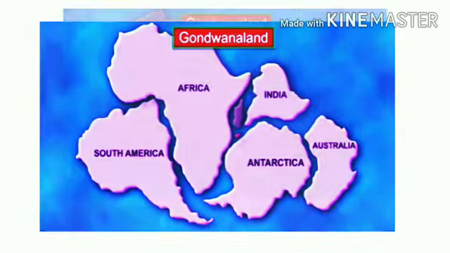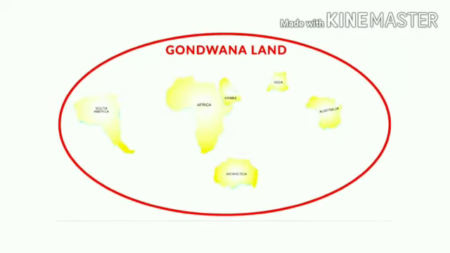They were all joined together. Due to the split of the crust of Gondwanaland into smaller parts, of which the Indian plate is one, the Indian plate drifted towards the north till it collided with the Eurasian plate.